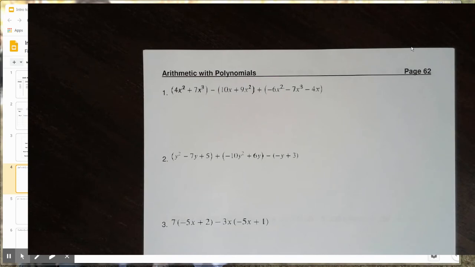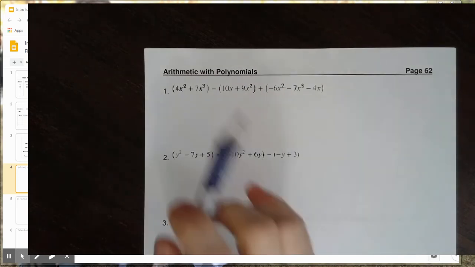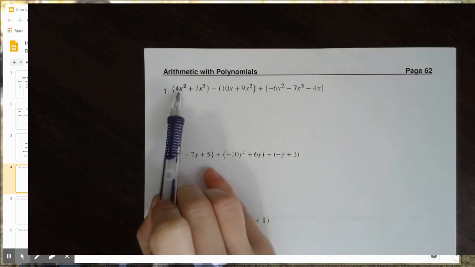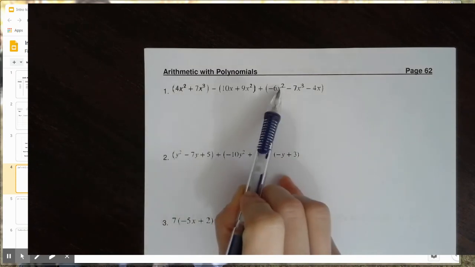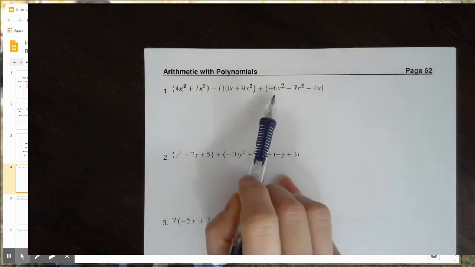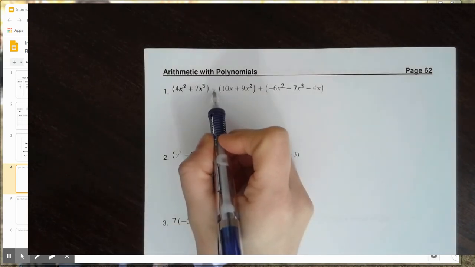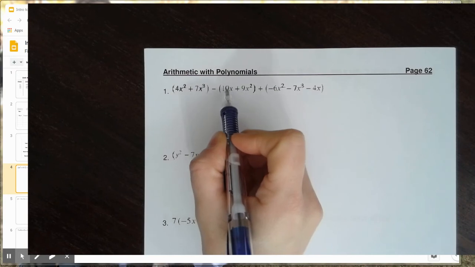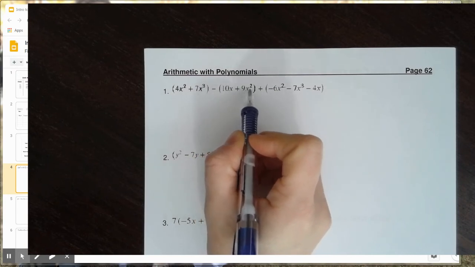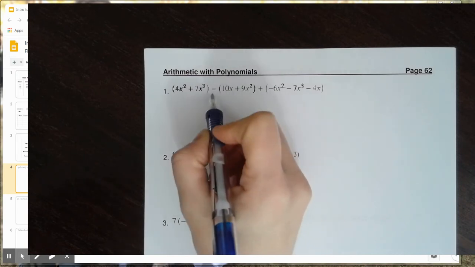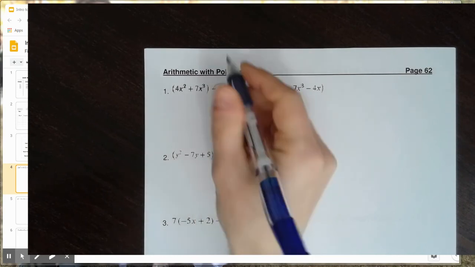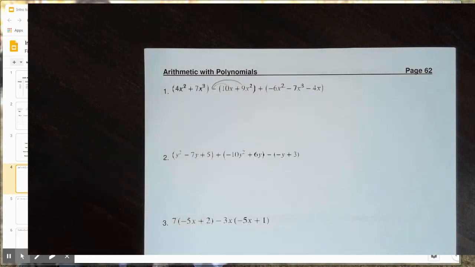With these, if it's just addition and subtraction, I don't really have a ton of things I need to worry about unless I am subtracting a quantity, like we are here. So I do need to make sure that I distribute this negative to both of these.